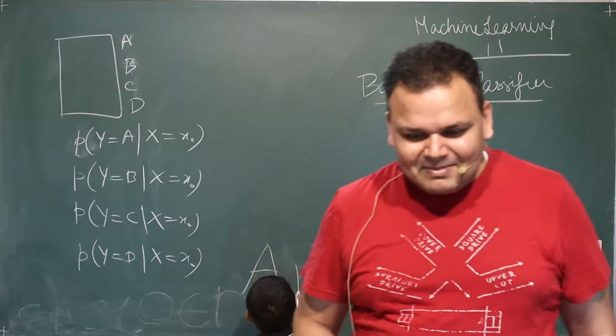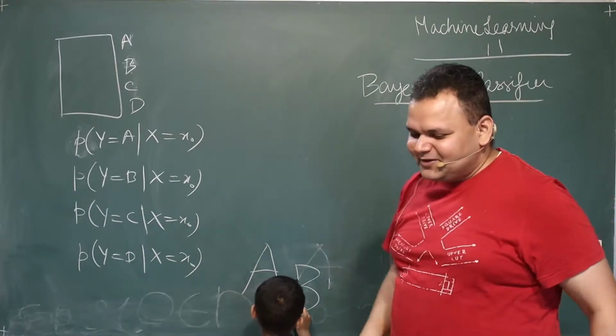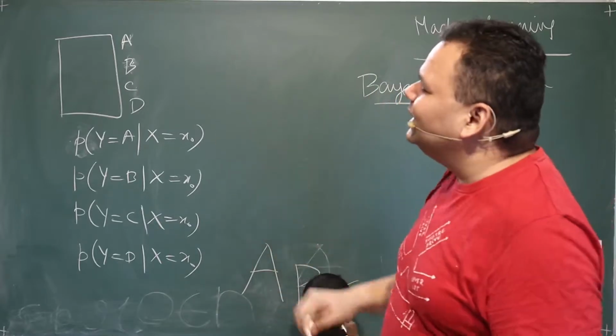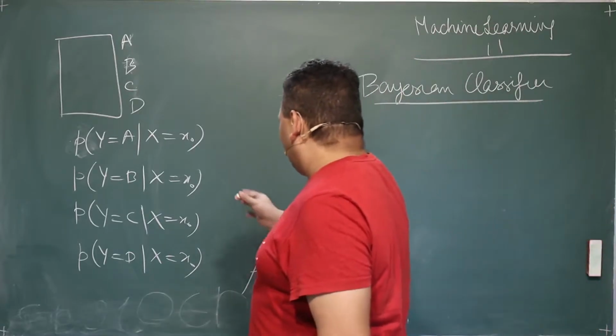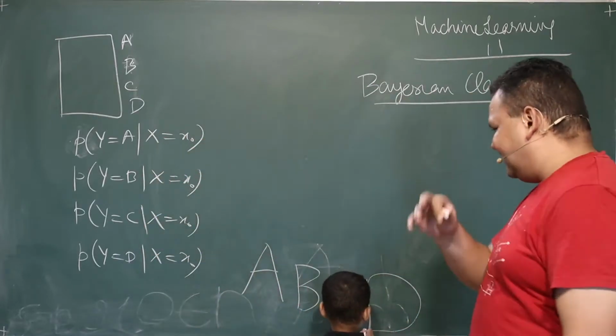Now the Bayes classifier, or Bayes theorem, gives the best possible classifier, which can be proven mathematically. I don't know how to prove it, but it can be done.